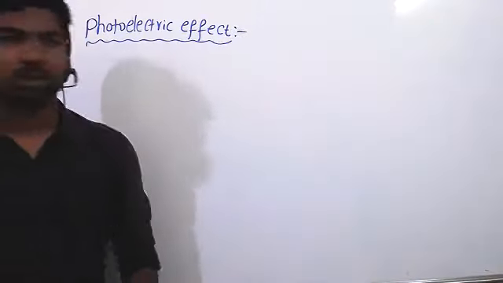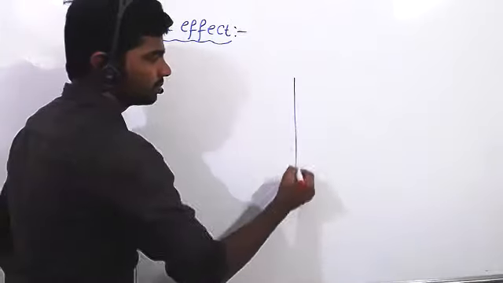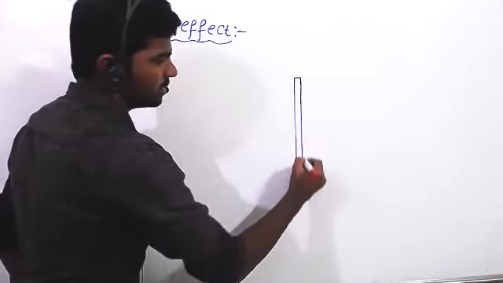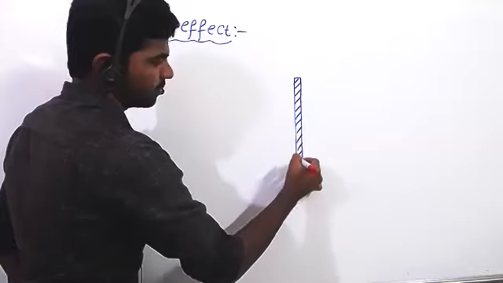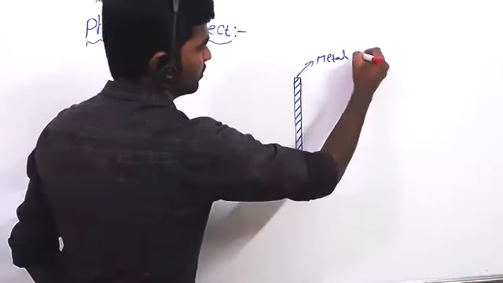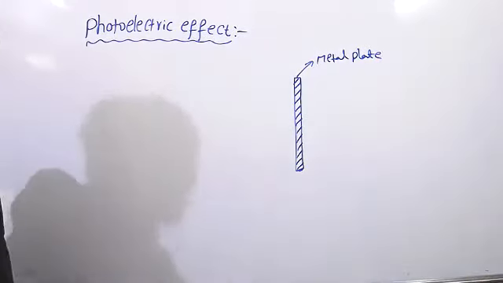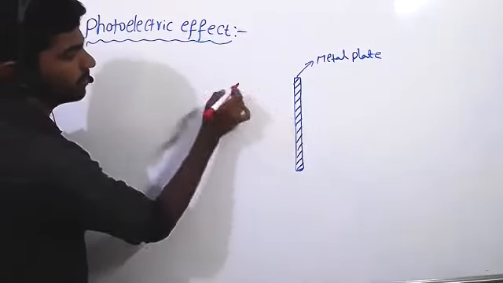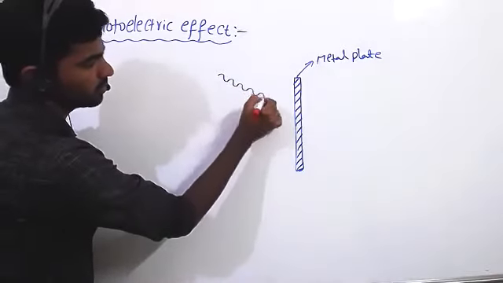Listen, what is a photoelectric effect? This is a metal plate. First listen, later we'll draw the diagram. So this metal plate is exposed to radiation.